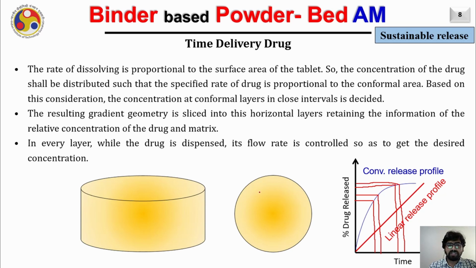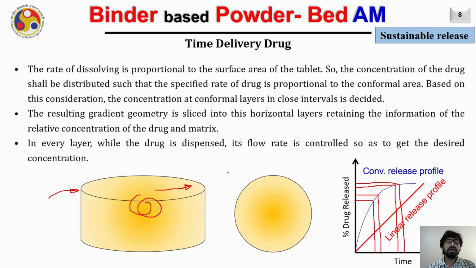And now this is easily done by appropriately dispensing the drug. Let us assume that I have a pill or tablet which looks something like that, where there is a high drug concentration at the center and low drug concentration at the periphery. In the beginning, when the tablet starts dissolving, it will have a large surface area. Therefore, the amount of drug released will be proportional to the surface area.